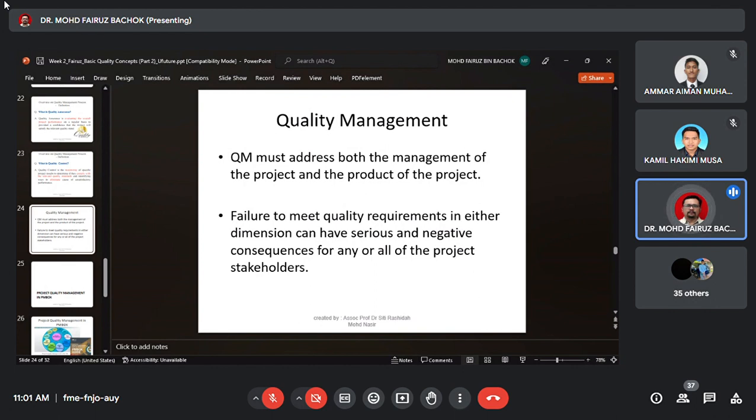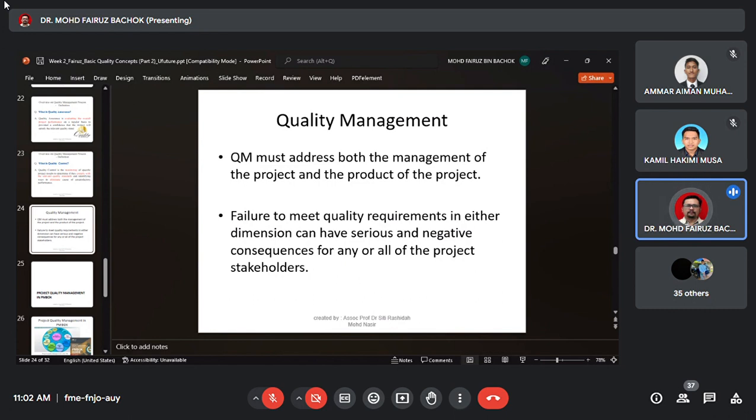Failure to meet the quality requirement in any dimension can have serious and negative consequences for any or all of the project stakeholders. Stakeholder tu means orang yang directly involved in the project, like the client, contractor, consultant, all of them are stakeholders.